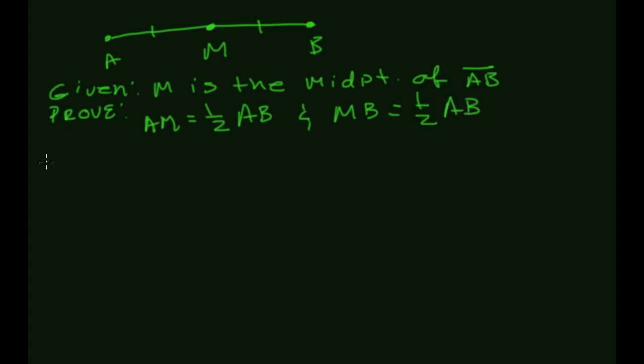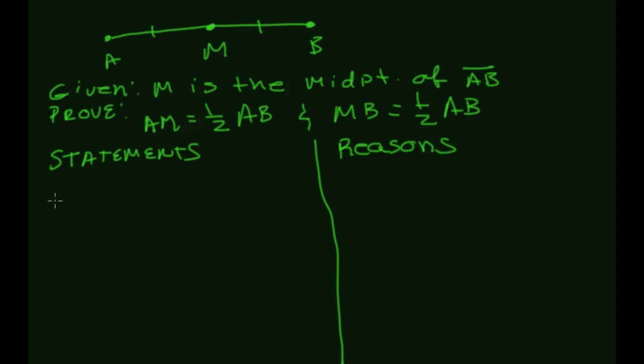The way a traditional two-column proof works is that we build a set of statements, and then we give reasons for those statements. So all of our statements have to be things that we can accept because of certain reasons.